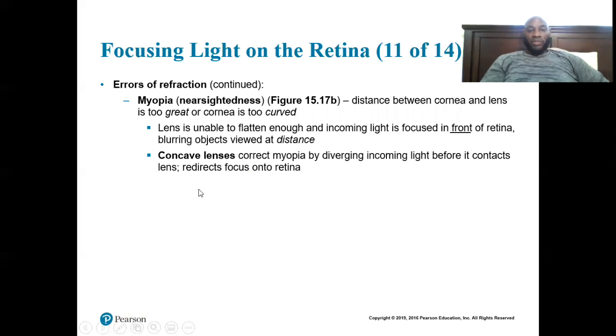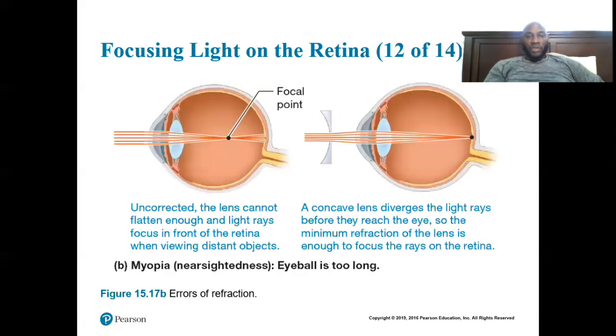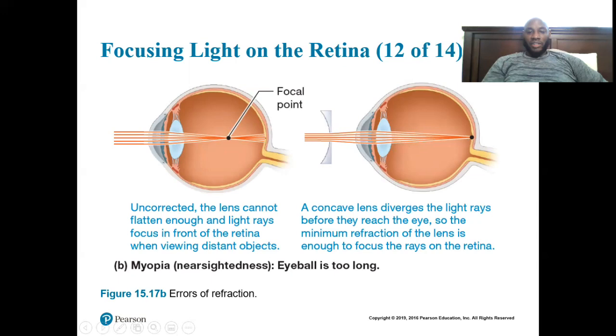So it allows you to be able to focus it onto the retina, right? It causes light to diverge a little bit more, and then your cornea and your lens can cause it to focus onto your retina, right? Nearsightedness.